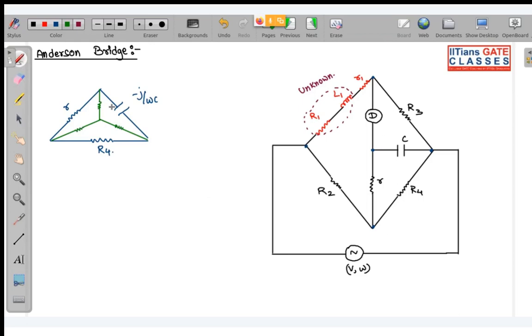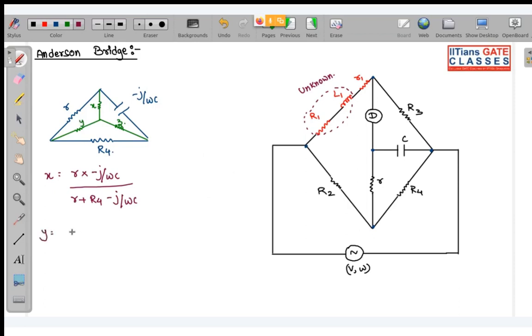Okay, so what we can see, let this be X, this be Y, and this be Z. Okay, so value of X will be equal to what? It will be equal to R into minus j by omega C divided by R plus R4 minus j by omega C. Tell me, is this clear? Is it clear? So simply this is your delta to star transformation I am doing, nothing else. Okay.